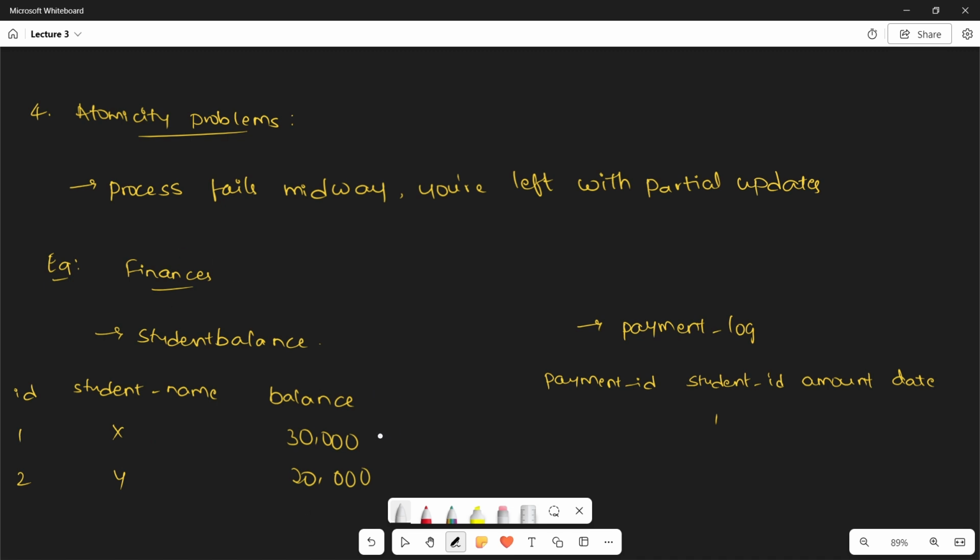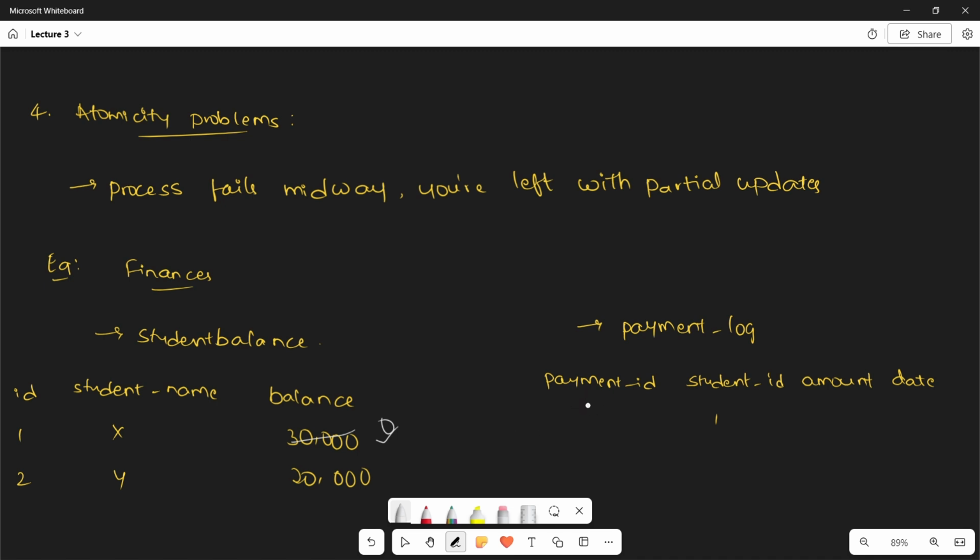Now, the student X decided to pay the amount. So he paid the amount. I have updated here. So now the balance would become 0 since he paid everything, right? So now, because of a power failure or system crash, I couldn't update the payment log.